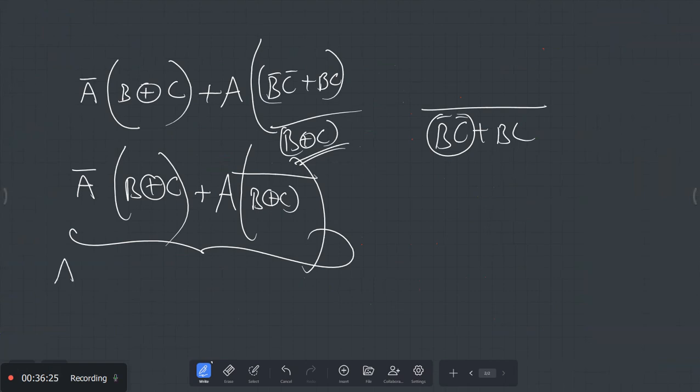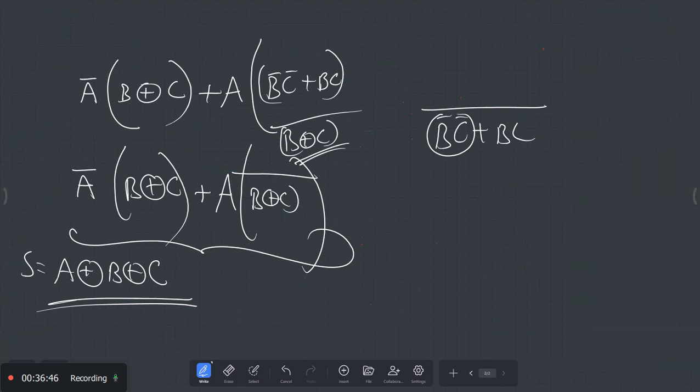It is A XOR B XOR C. Is it not? We got the final expression. So your sum is equal to A XOR B XOR C.